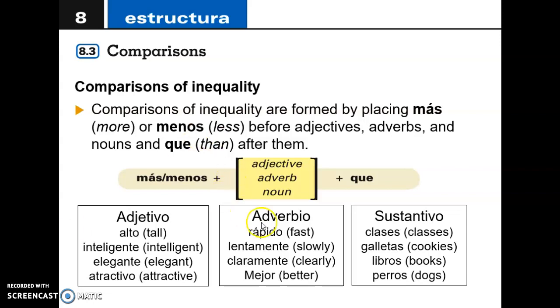Let's go look at an adverb, okay? Adverbs are going to go along verbs whenever you want to say the form or how you performed that action. Adjectives usually modify or describe nouns. Adverbs describe or provide a characteristic of the action. For example, yo estudio muy rápido.